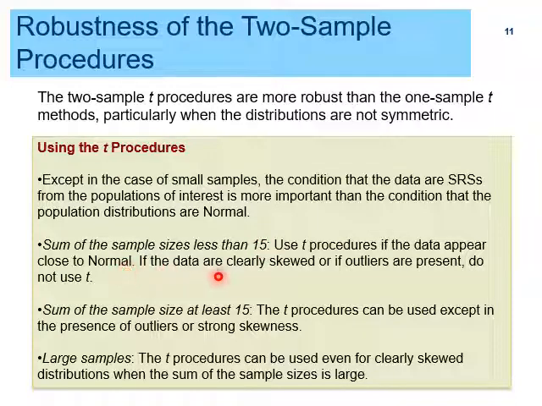If the data are clearly skewed or if outliers are present, do not use t. If the sample size is at least 15, the t procedures can be used except in the presence of outliers or strong skewness. And when we talk about large samples, the t procedures can be used even for clearly skewed distributions when the sum of the sample sizes is large.